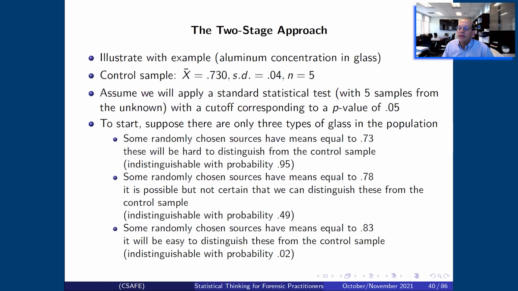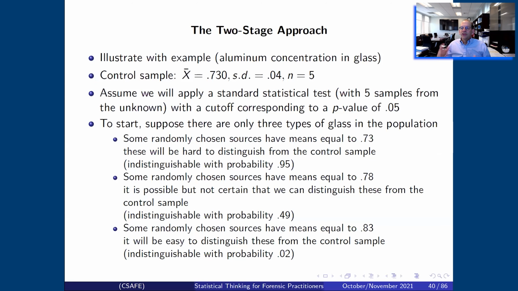And here's how I think about it. Suppose we have a control sample, aluminum concentration in this case, slightly different than the picture I just showed you, where the mean is 0.73 parts per million, or whatever it's measured in. And I'm going to do a statistical test. We spent some time last week learning about it, reviewed very quickly today.